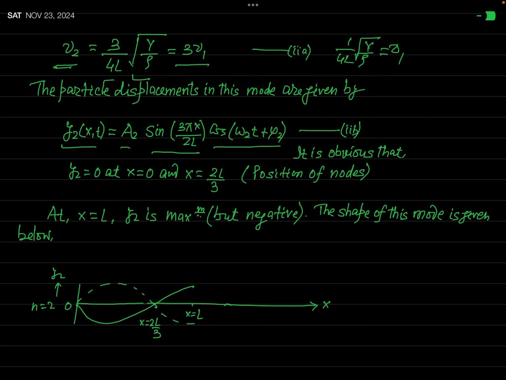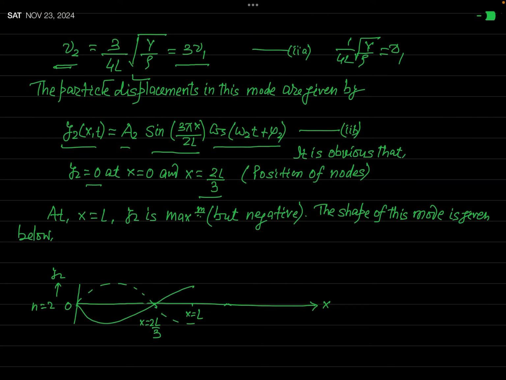Okay. Again, let us see this equation. You can notice that this y2 is 0 at x equal to 0. Okay. And it is again 0 at x equal to 2L by 3.